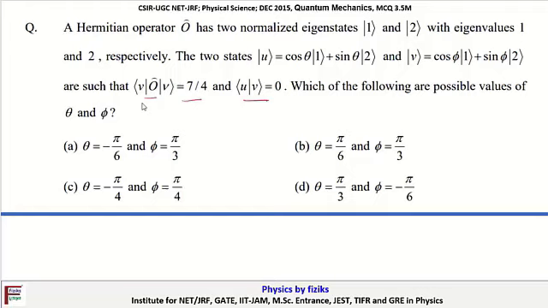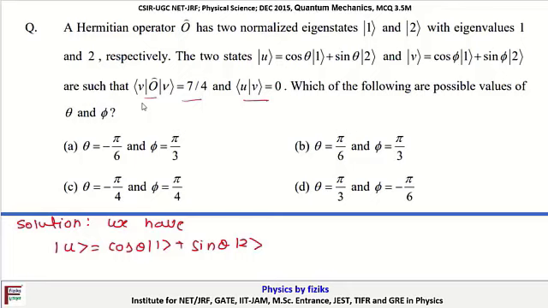Now, the question has been stated, so let us write down the solution. We have state u equals cos theta |1> plus sin theta |2>, and state v equals cos phi |1> plus sin phi |2>.